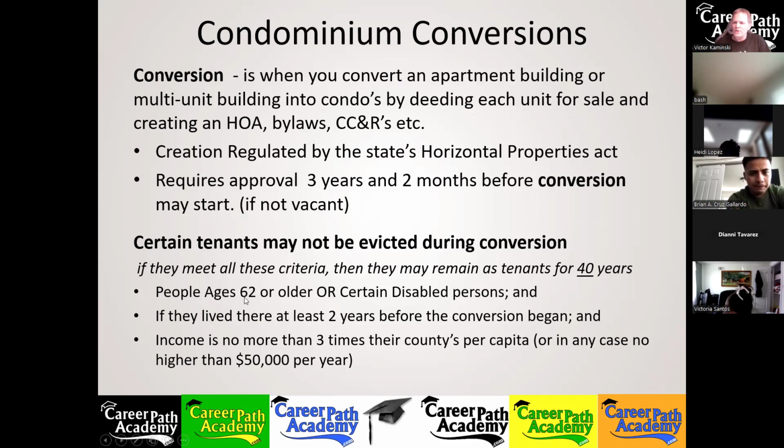People age 62 and older, or those with certain disabilities, if they lived there for at least 2 years before the condo conversion began, and their income is no more than 3 times their county's per capita average income, or in any case, no higher than $50,000 a year. If they meet all those requirements and they're doing a condominium conversion, these people cannot be evicted for 40 years. They could remain as tenants renting for the next 40 years.